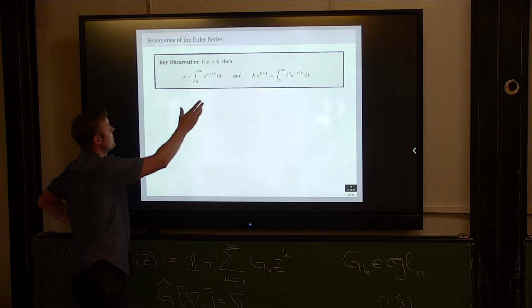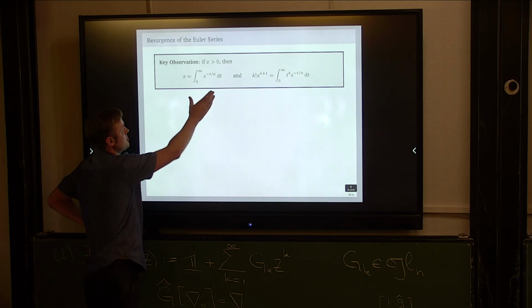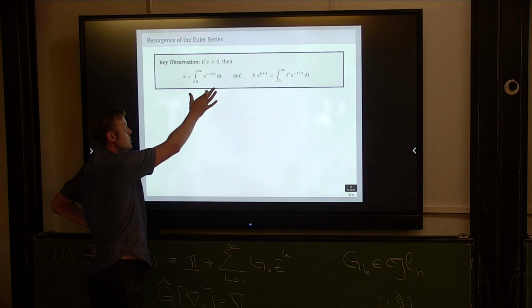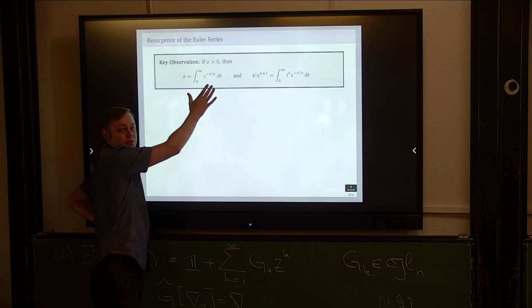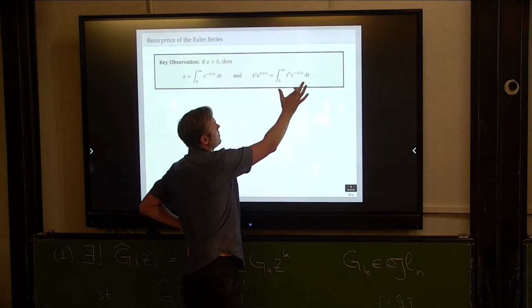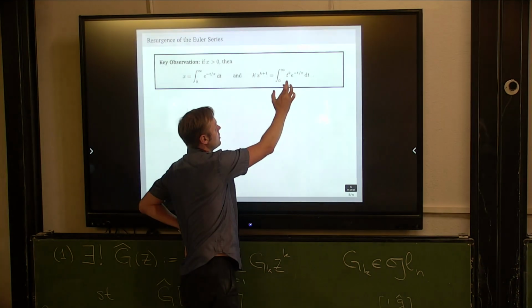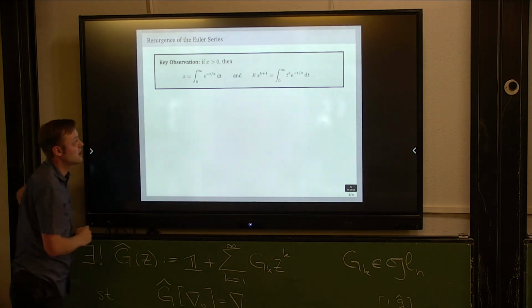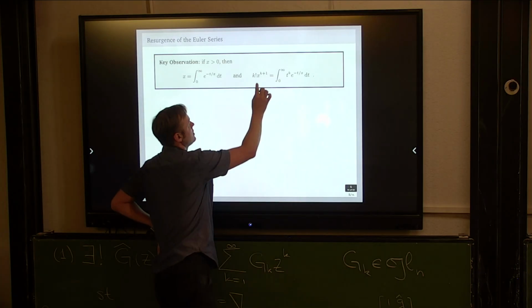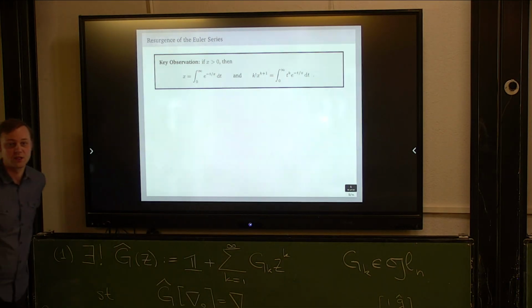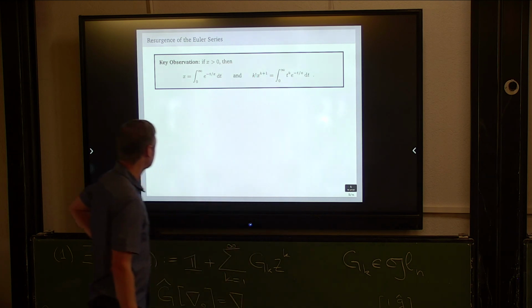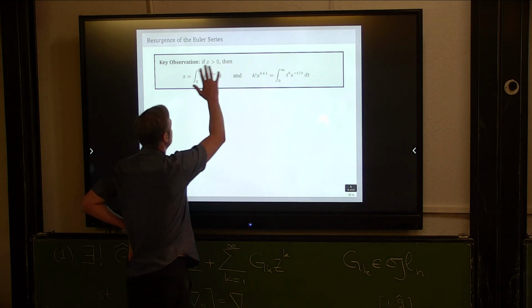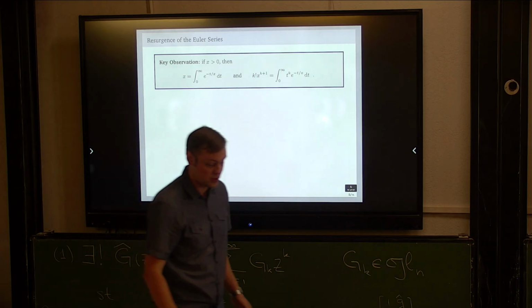Those of you who have done any bit of physics or proper calculus will recognize that this is the Laplace transform of the constant function 1, and there's a similar formula for the Laplace transform of the monomial t to the k. You get a monomial x to the k plus 1 with a k factorial coefficient. So these are true equalities when x is positive.